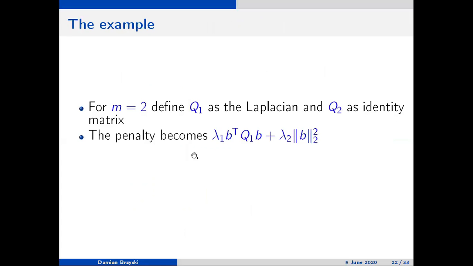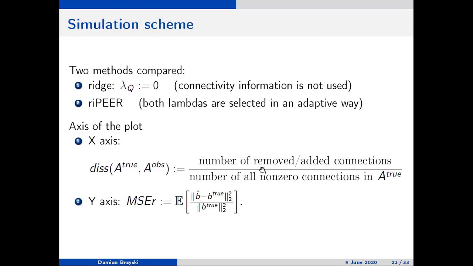Then the penalty becomes something like that. You have a graph part, you have a ridge part here, and the whole method then reduces to Reaper, which was introduced by Jarek a few weeks ago. So indeed this is the generalization of Reaper.